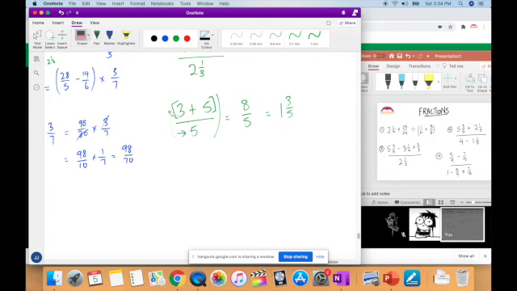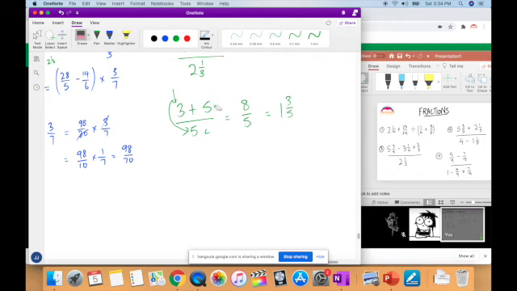Remember that addition does not glue the numbers together. Addition does separate the numbers, right? So you have to think about both of these numbers as being separate. So therefore, the 3 is being divided by the 5, as well as the 5 is being divided by the 5.